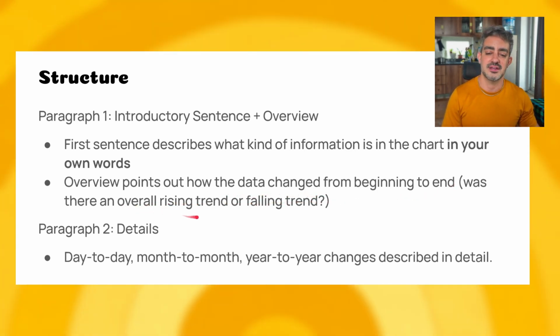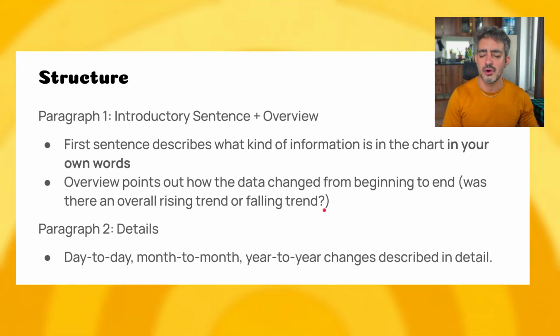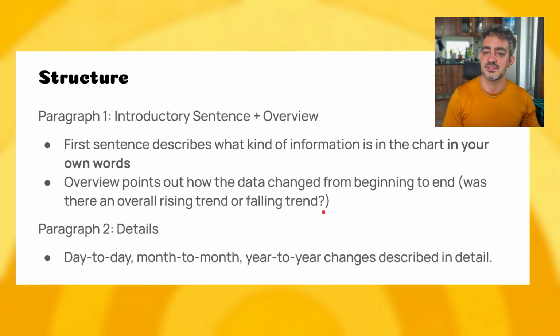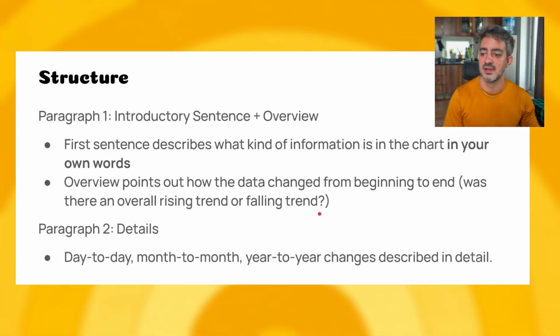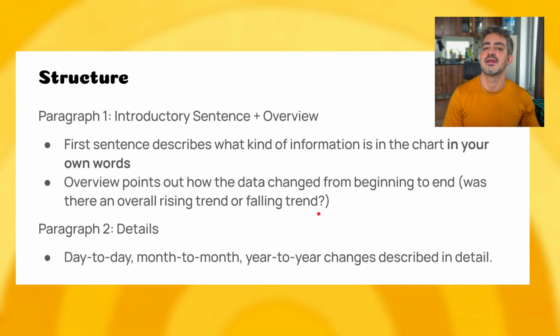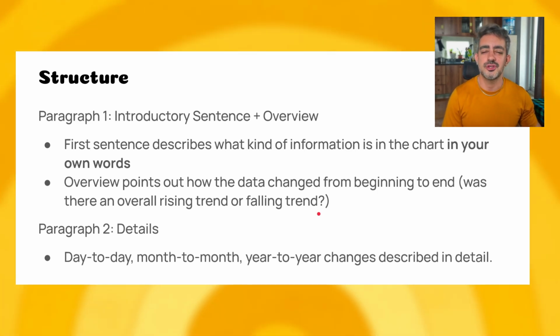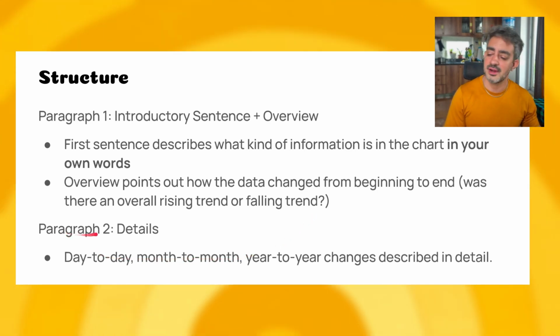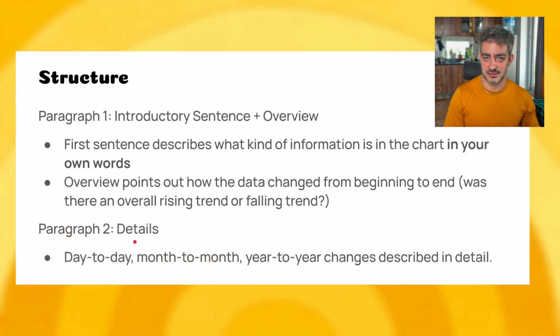Was there an overall rising trend or falling trend? Or maybe there's some other very important key information that you want to mention in the overview so that the reader can learn what you have analyzed from the chart. Then paragraph 2 is the details, okay?